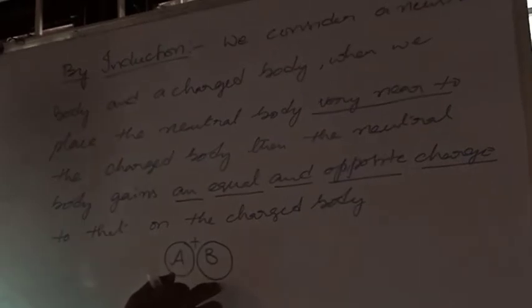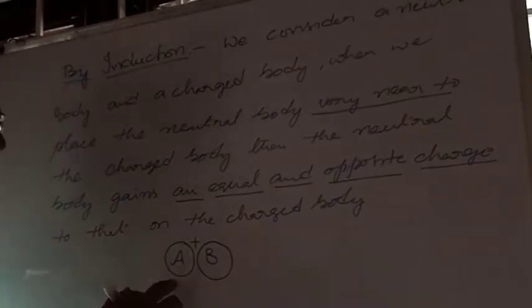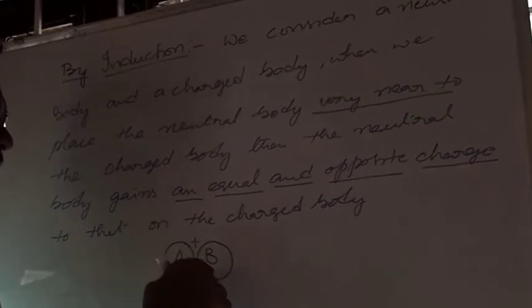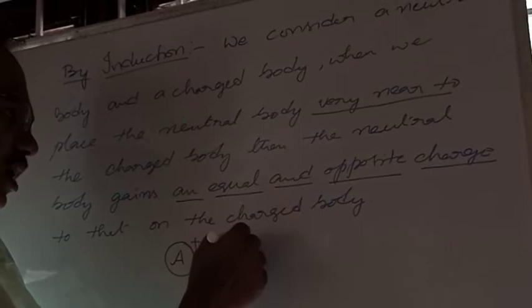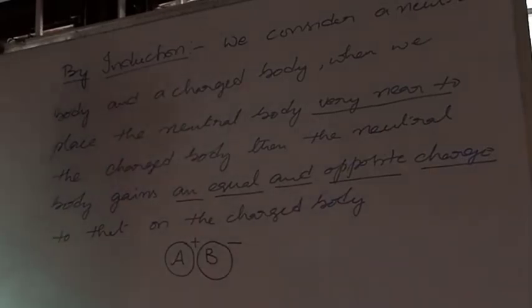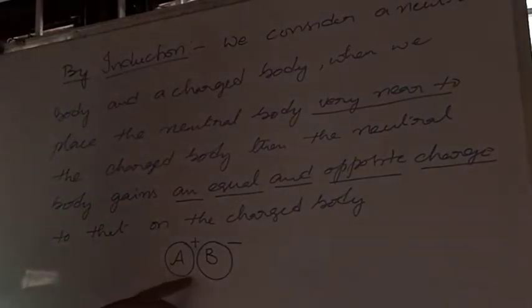The second body should not get into contact with the first body. It just has to be placed very near to the first body. Then this second body will gain opposite charge. That means if A is positively charged, then B will get an equal amount of negative charge.